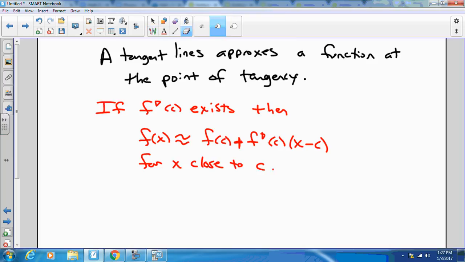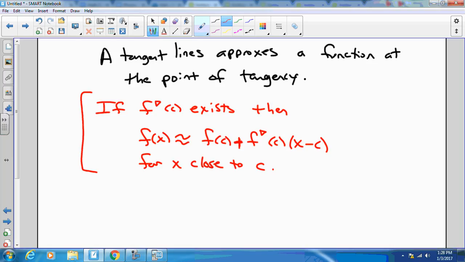Now, as we did with the limits, I'm not going to define the term close. We do that in Calc 2. But I think you all can reasonably understand close means close.